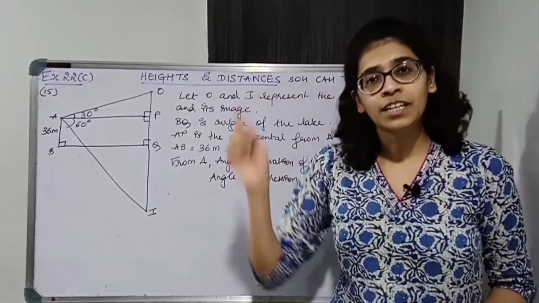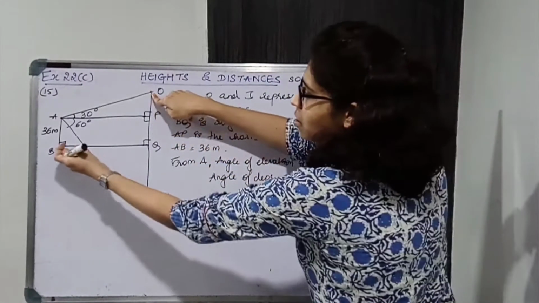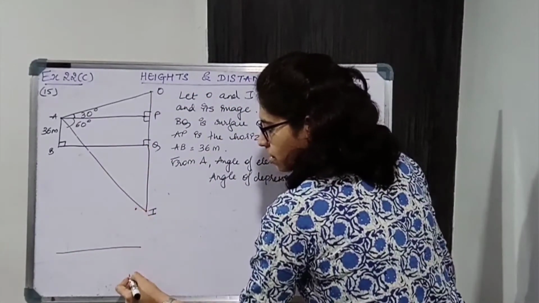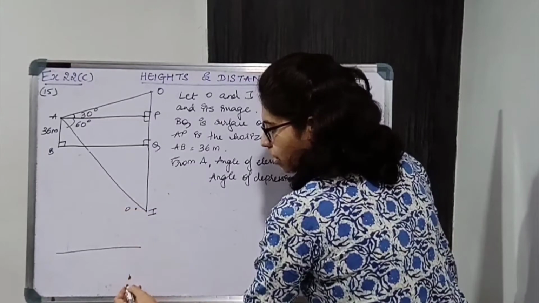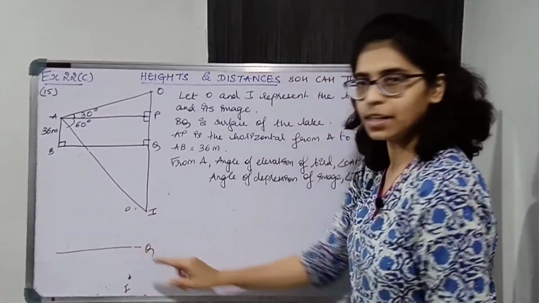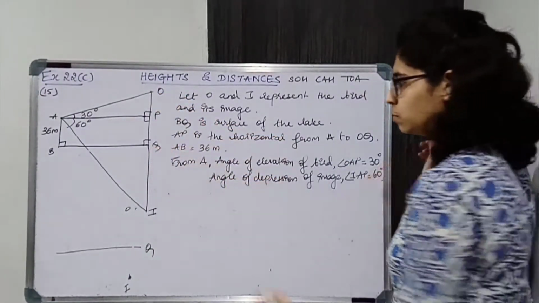Now coming to the very important information, this is the object, this is the surface of the lake, object and image, okay, and this is Q. So OQ is equal to IQ.